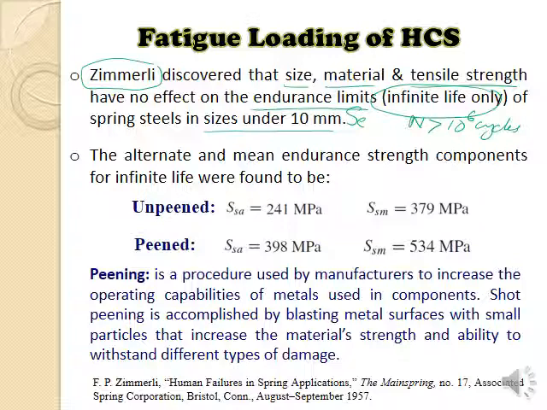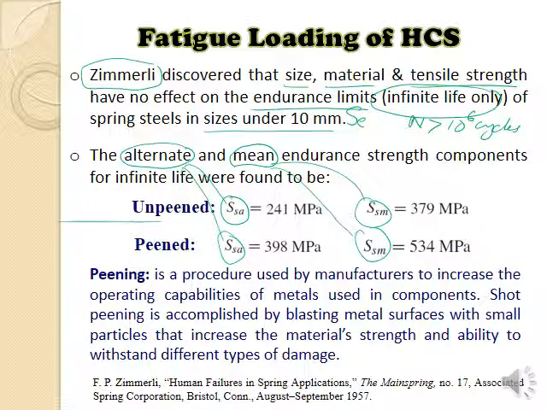First what we need to know is the alternating endurance strength, which is this or this, and the mean, which is this. Alternate is this and mean is this. And you see over here the words unpeened and peened. Unpeened means nothing is done, but when you do the peening, you increase the strength of the material.